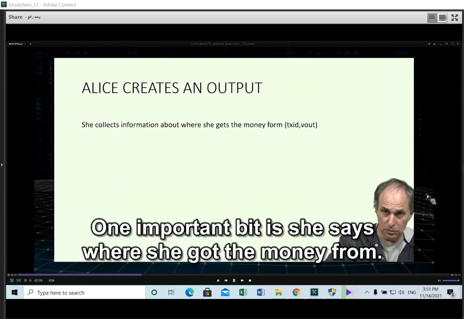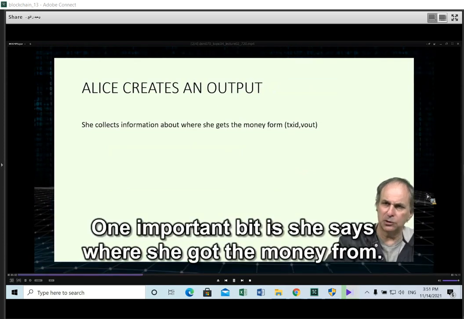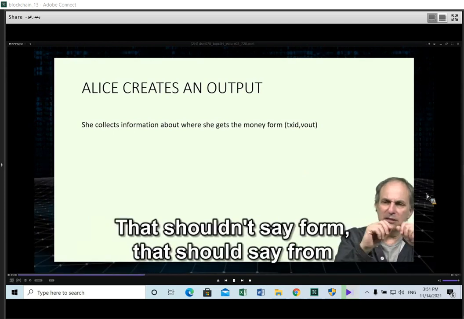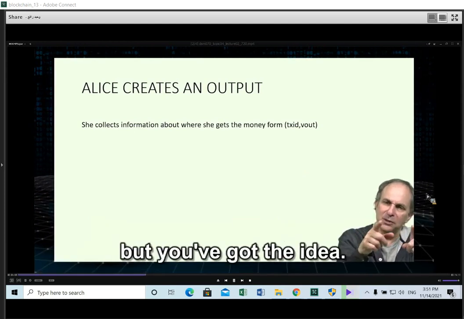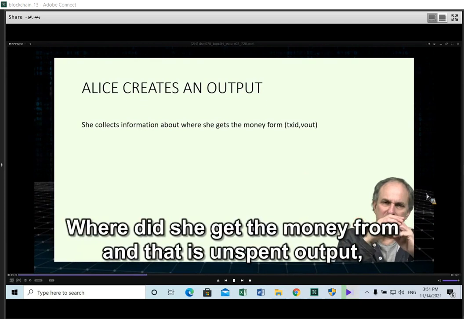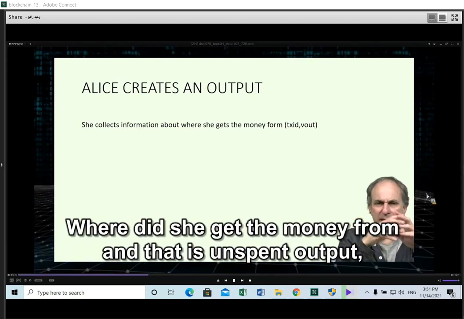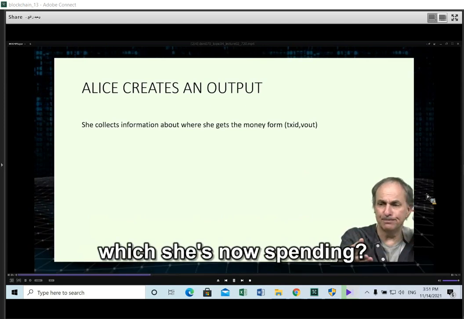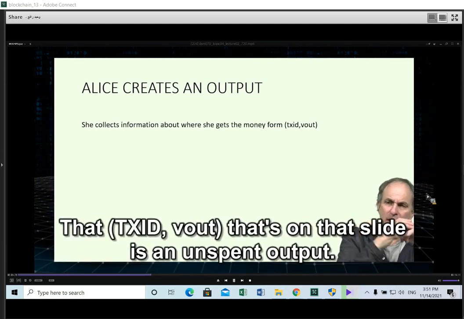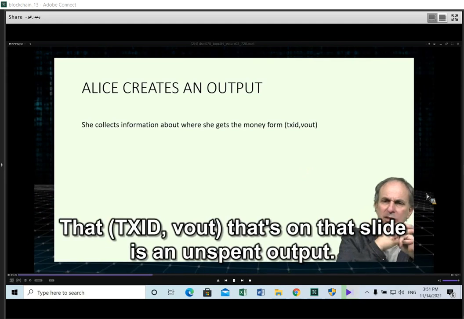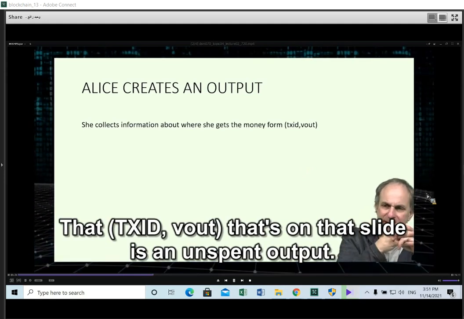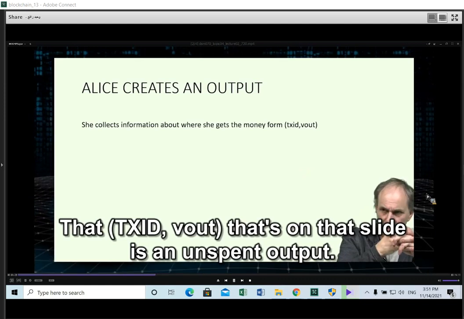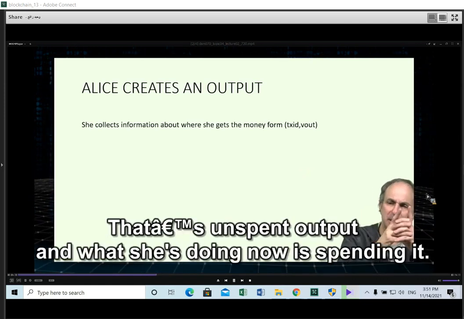TXID is the name of a transaction ID. V out is one of the outputs on that transaction. It's a 0 or 1 or 2 or something like that. So that's an unspent output that she's now spending.